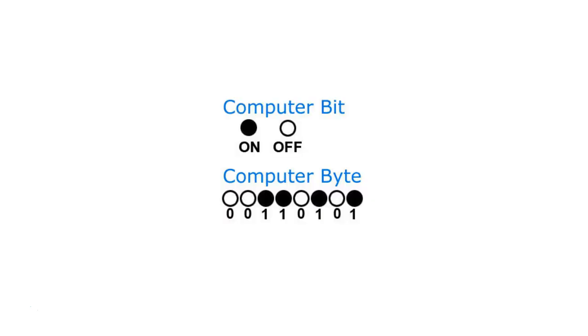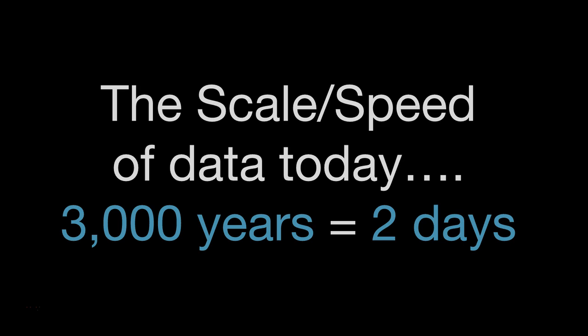A computer bit is either going to be a positive or a negative, an on or an off, and then we string these ons and offs together to get to a byte, and then towards an actual larger piece of data.